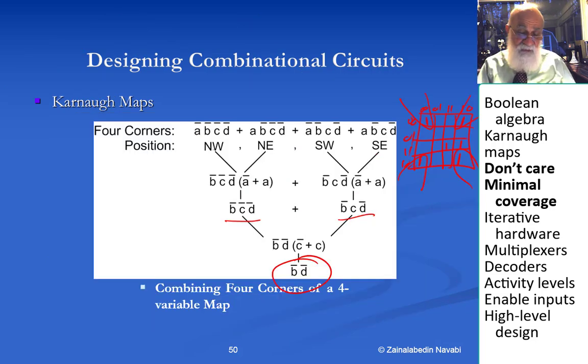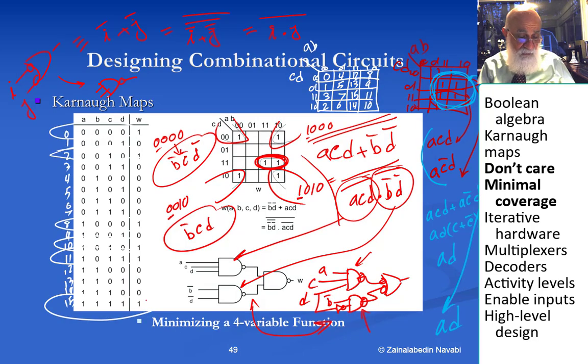We are talking about a function that has to be 1 when A is 0, B is 0, C is 0, D is 0. It has to be 0 here, it has to be 1 here, it has to be 1 here, and 0 elsewhere.